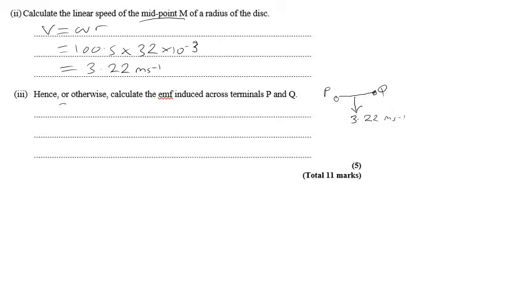So it wants us just to use EMF is equal to B L V. In this case it tells us the magnetic flux density is 28 milliteslas, and the length of the conductor is 64 millimeters. That's the radius of the disc. So 64 times 10 to the minus 3 times the velocity, or the average velocity of it, which is 3.22 meters per second. And that gives us an induced EMF of 5.8 millivolts.